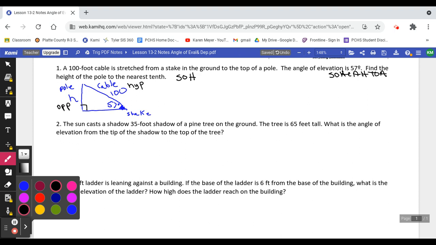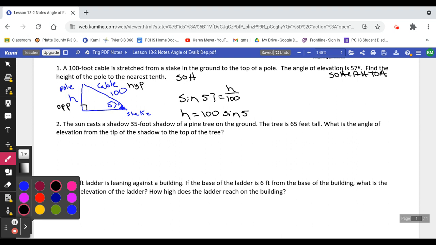So that means S is sine. We're going to do sine of my angle, 57, equals opposite, which is H, over hypotenuse, which is 100. To get H by itself, I'm going to multiply both sides by 100.